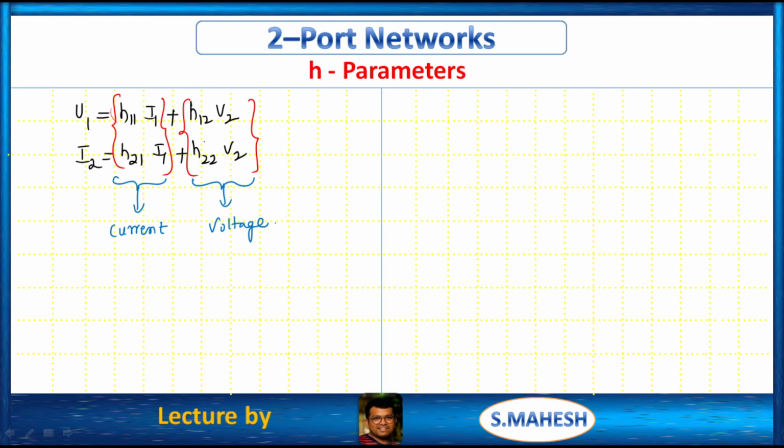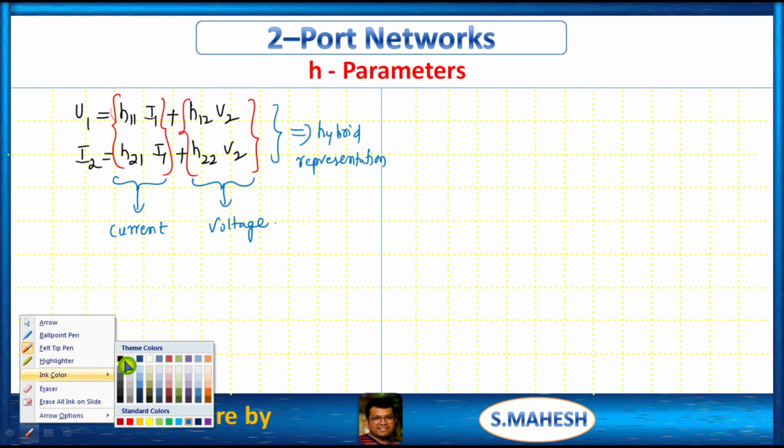Clear? In the second part of the terms we are using impedance conditions. The first part of this equation uses admittance conditions. That's why this is called hybrid representation.